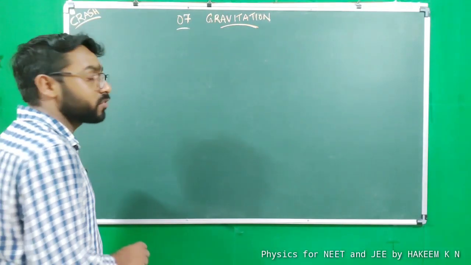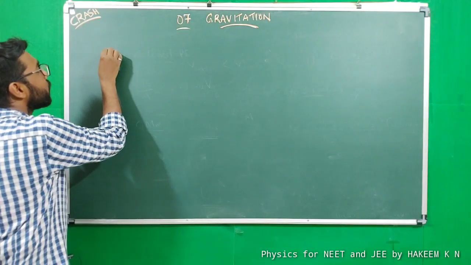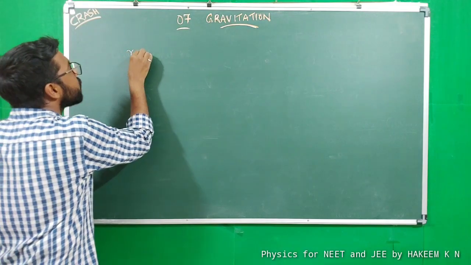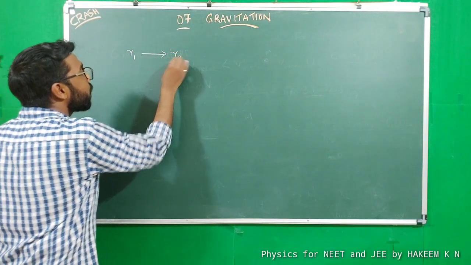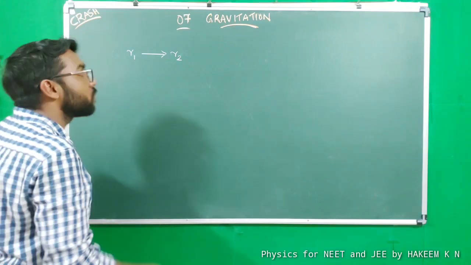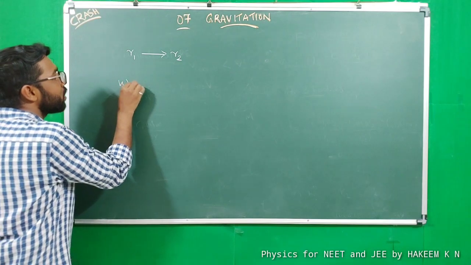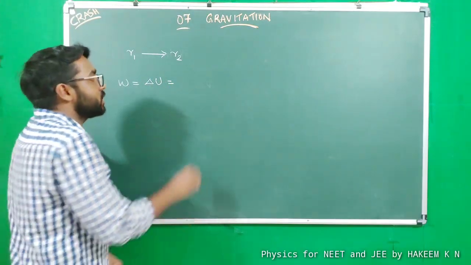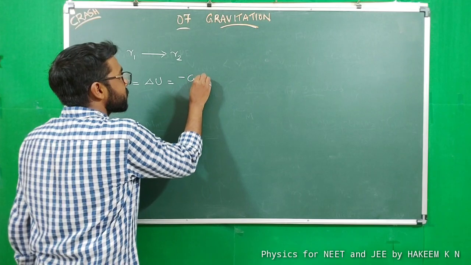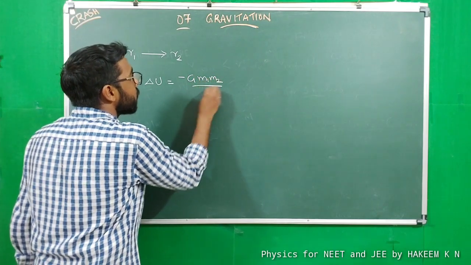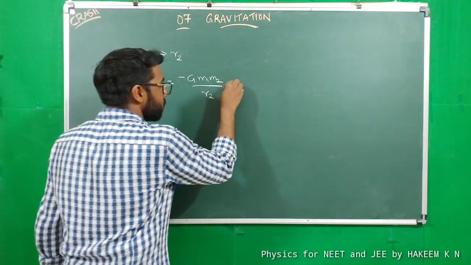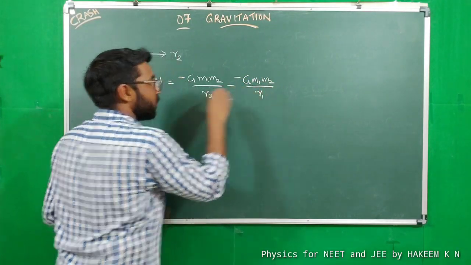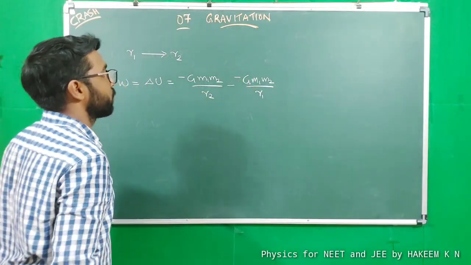Okay, next, when the separation between two bodies is changed from R1 to R2, then work done equals, we can say, change in potential energy. So minus G m1 m2 by R2, final potential energy, minus minus G m1 m2 by R1, initial potential energy.